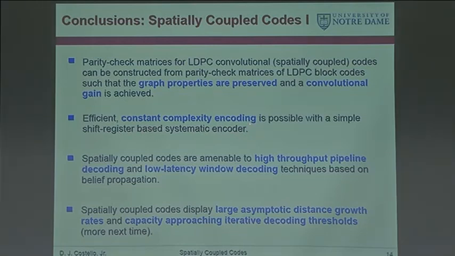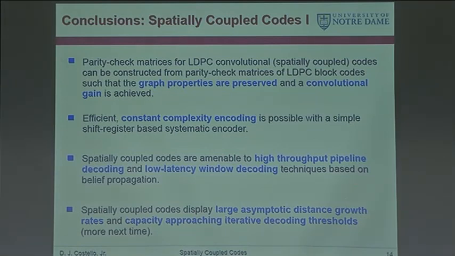There is as efficient an encoding complexity as possible with a simple shift register based systematic encoder. Again, I say as possible. In general, you may have to tweak the matrix that you have in order to do this. And for these spatially coupled codes, you can use high throughput pipeline decoding, which is a very nice architecture for high speed parallel implementation, but it does have a high decoding latency, or you can use the lower latency window decoding techniques.